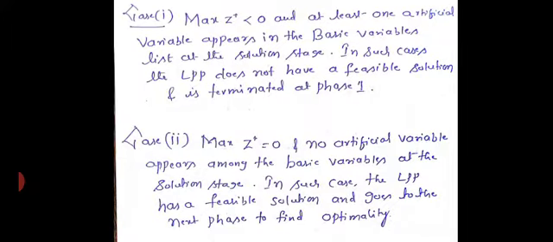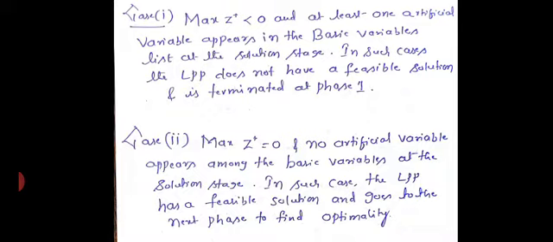And the condition, when to move on to the second phase and when to terminate the first phase, that we are going to discuss. We have two cases. Suppose maximum z is less than 0 and at least one artificial variable appears in the basic variable list at the solution stage. In such cases the LPP doesn't have a feasible solution and is terminated at phase 1.